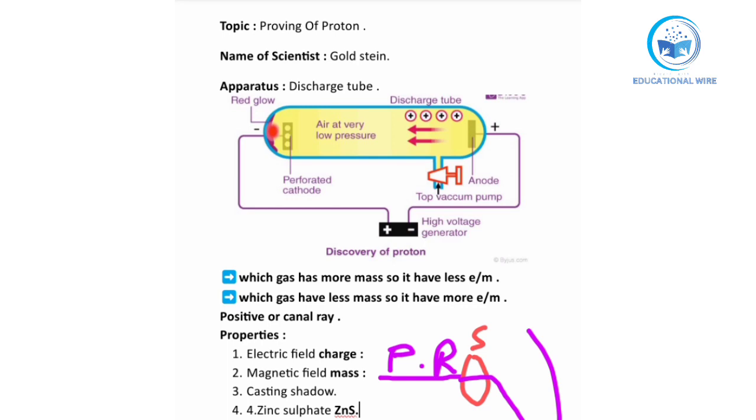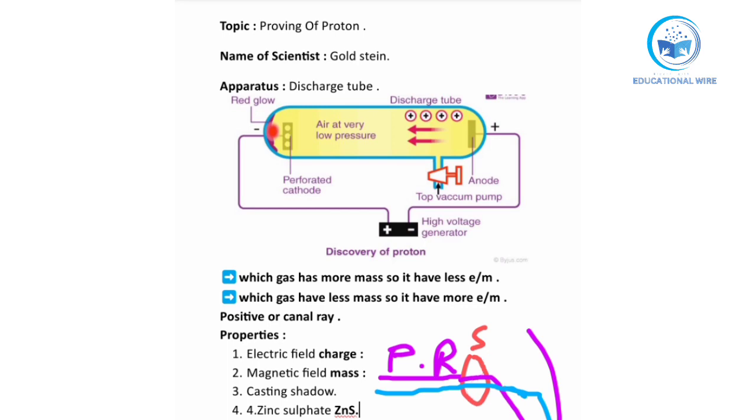In cathode rays, the rays come over here and do not bend down sharply; they move forward and then bend down. But in this one, the positive ray moves sharply downward after the magnetic field. So this is the process by which we find the mass. It moves sharply downward, which means it has mass.